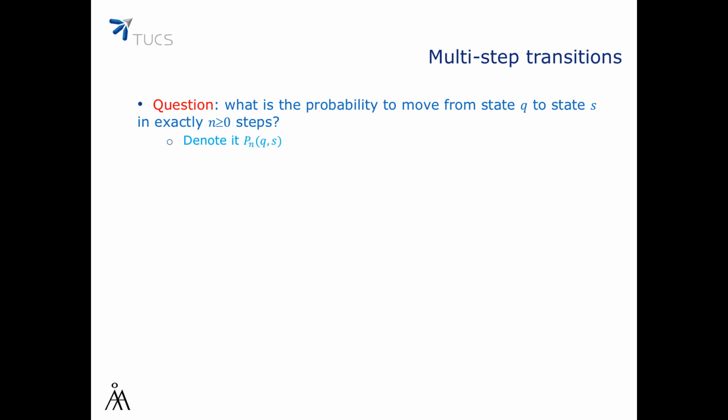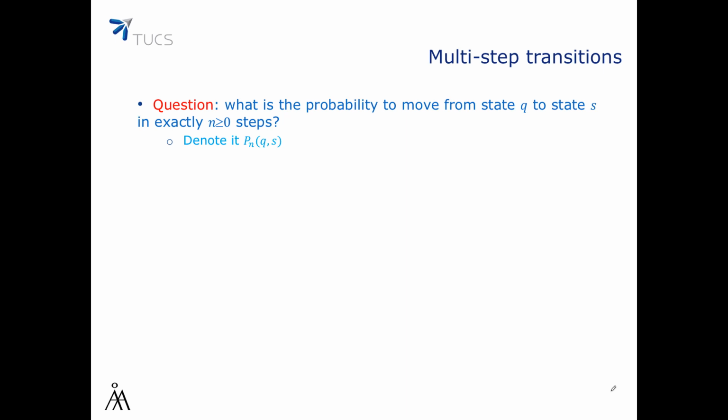Here is another interesting thing about the transition probability matrix P of a Markov chain. As we saw, it describes the probability of single jumps, but in fact it tells much more than that. Here is a useful question to answer: what's the probability of jumping from a state Q to a state S in exactly 2 steps, or in 5 steps, or in general in n steps?